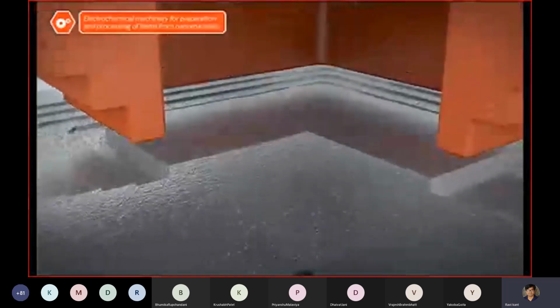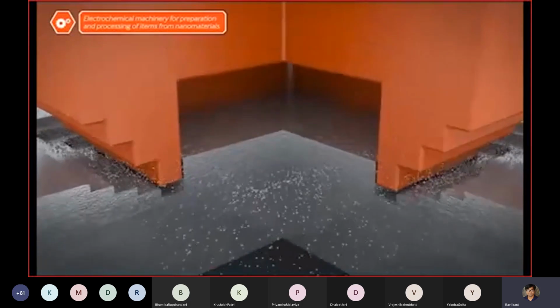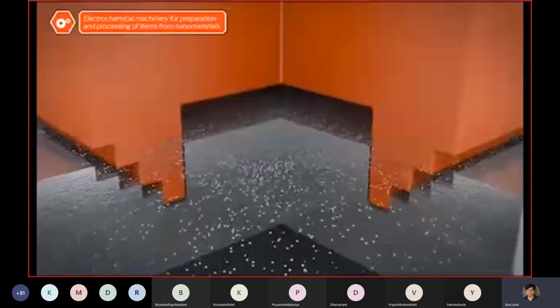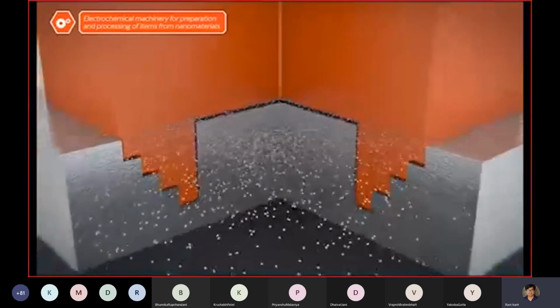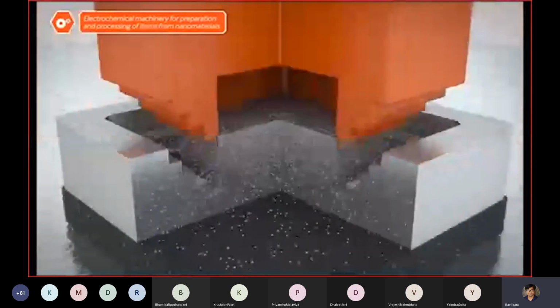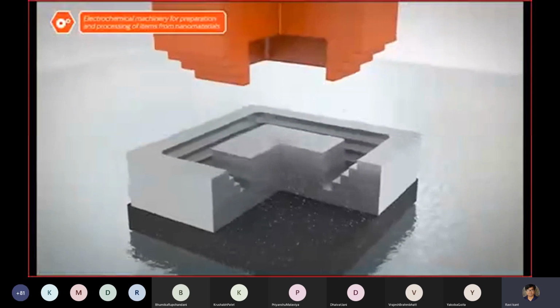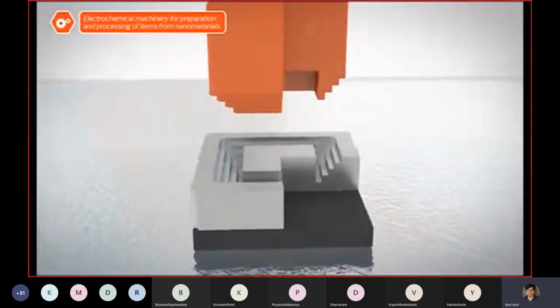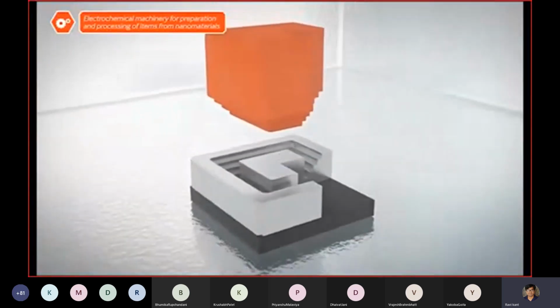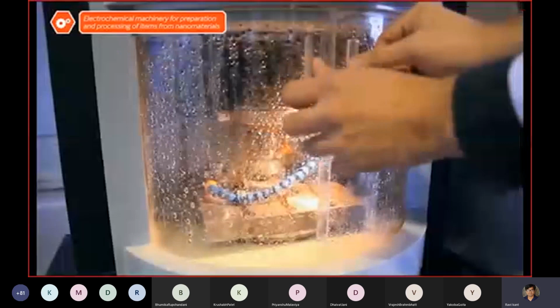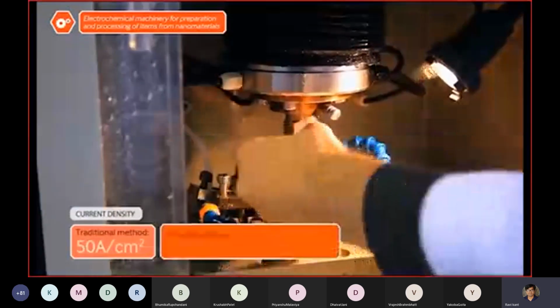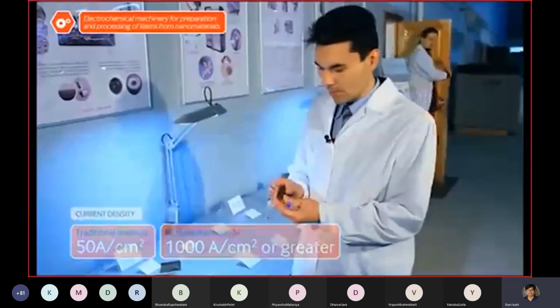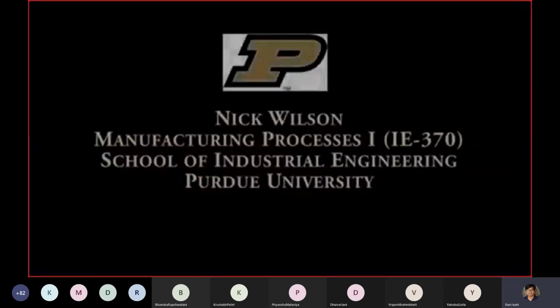As the tool is slowly moved down towards the workpiece, more and more atoms are removed until the workpiece conforms to the same shape as the tool. This is convenient because there is no actual contact, so there's no tool wear and no friction, which causes heat. This can be used for a variety of parts in many complicated shapes, such as this cylinder that has been machined with a sphere. And this can also be used for tiny parts.